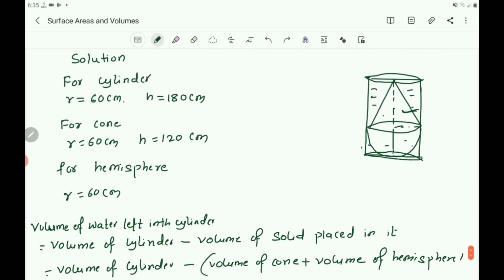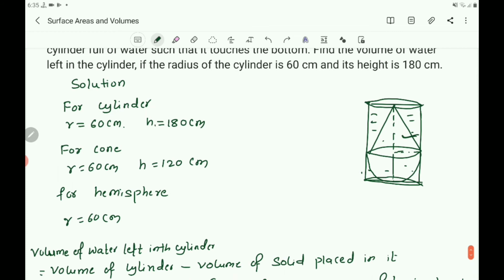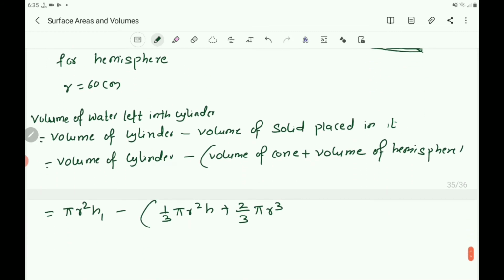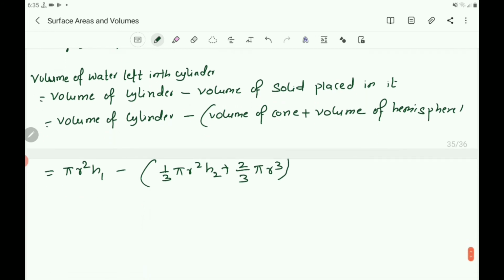So this is h1, this is h2. Then you write that equals pi, you can remove the common r square. In the bracket, h1 minus 1 by 3 h2 plus 2 by 3 r.